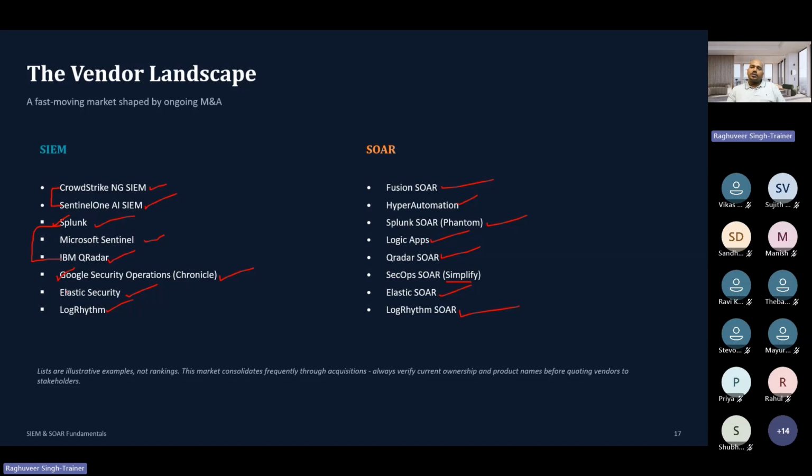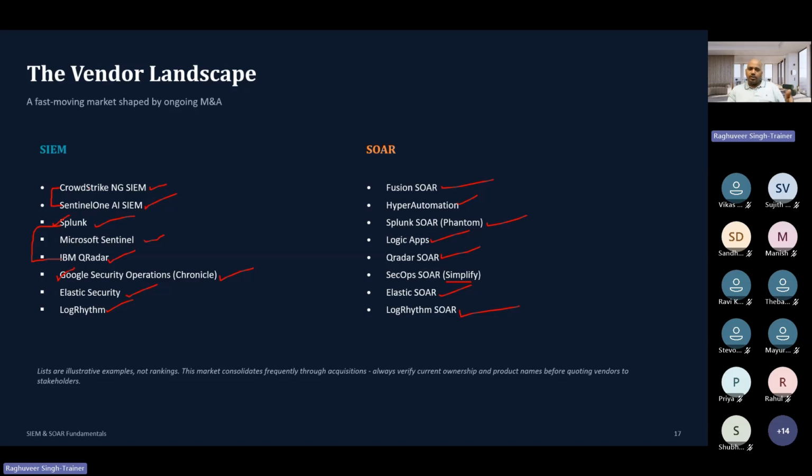Then the rest are Elastic Security, LogRhythm, Alert Logic, and Securonix. These additional solutions are also used by customers across industry verticals and geographies, and they have their own pros and cons. So this is about the vendor landscape, and the top two solutions are quite high in demand today.